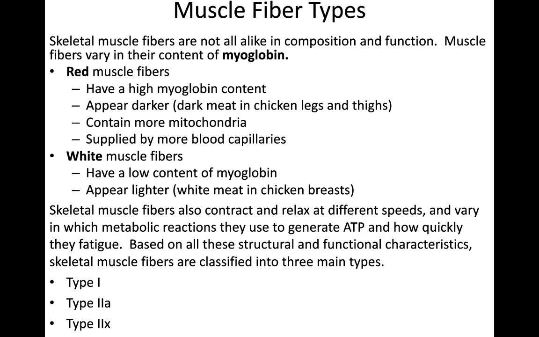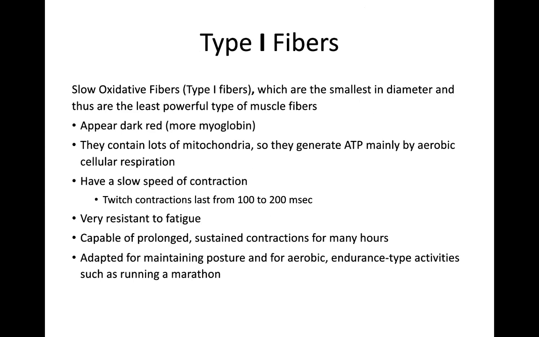For example, type 1 can be described as slow oxidative fibers. My advice for you guys is to make sure you know them both as type 1, type 2A, type 2X, and then their other fancier term, which is what we'll see in the next couple of slides. Because you'll probably see it both ways, especially if you go into higher level physiology classes.